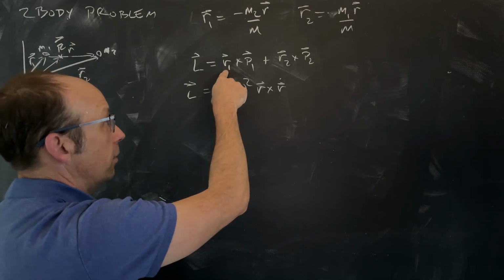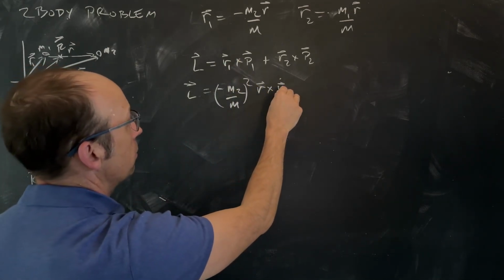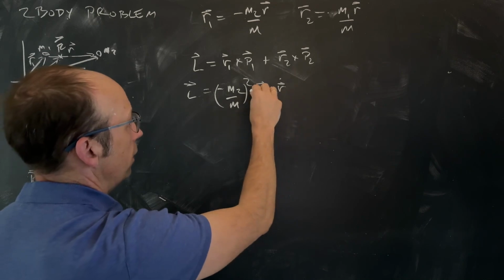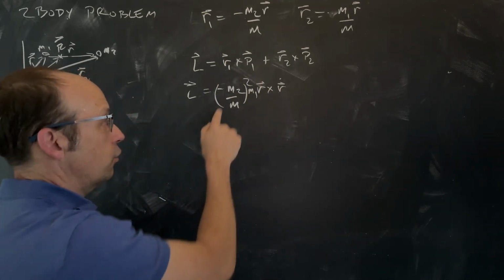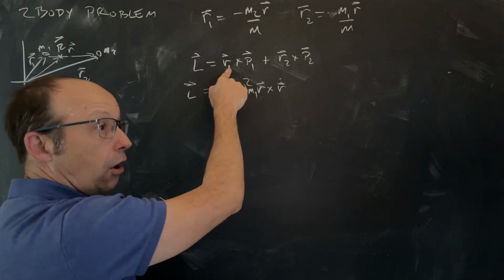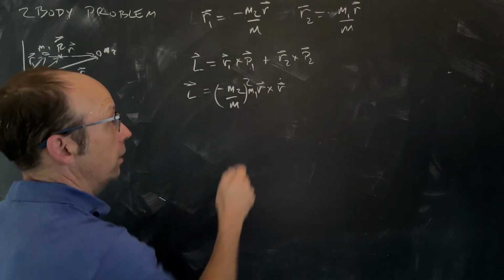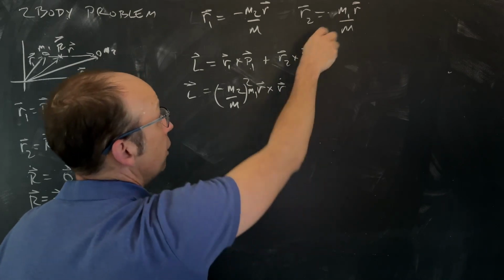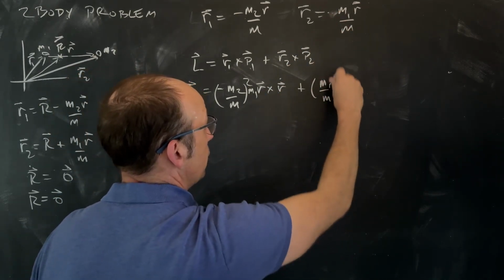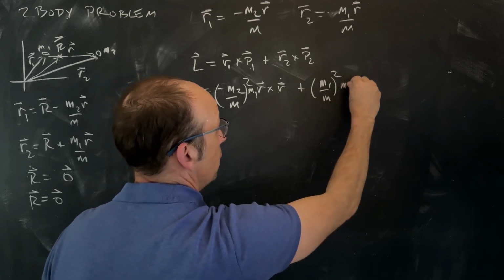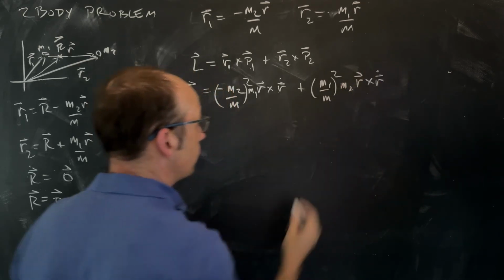Then I have an m1 in here too, because that comes with that one. So I get twice of these because I'm switching from r to r, and then r1 to r1 and r1 dot to r1. Now the other term, I get m1 over m quantity squared, and then I have an m2, and then r cross r dot.